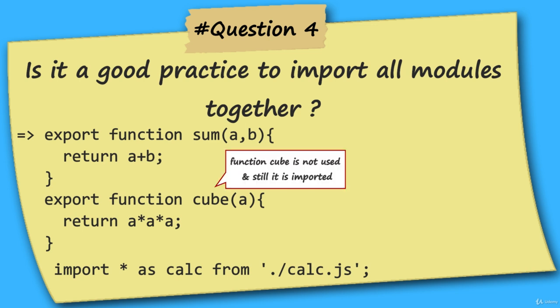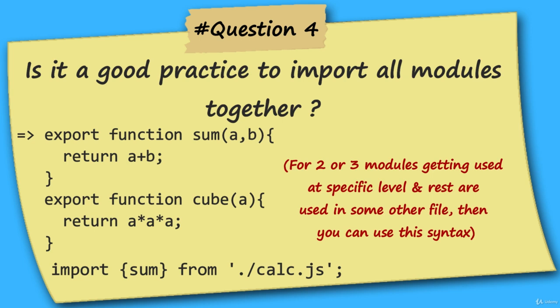Now cube is not used and still it is imported, which is not good. So ideally, when you know that you have all the modules used in the application, certainly you can use this syntax. But in case you know that only 2 or 3 modules are used at a specific level, and the rest are used in some other file, then it's better to go with precise names to import the module.